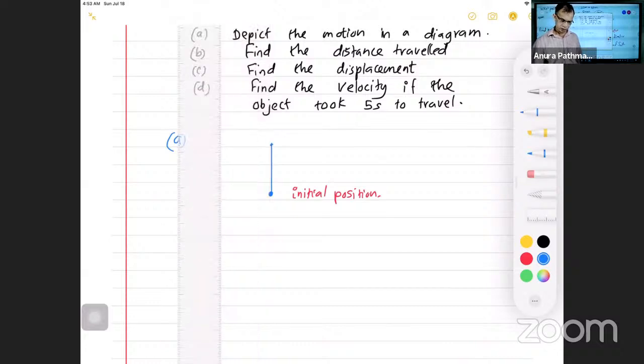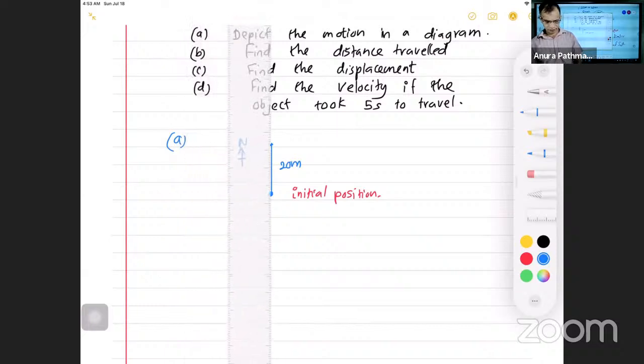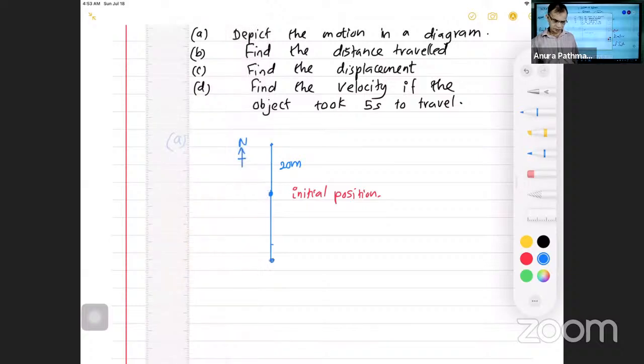This is north, and that is 20 meters. Turn around, and stopped 40 meters in the opposite direction.